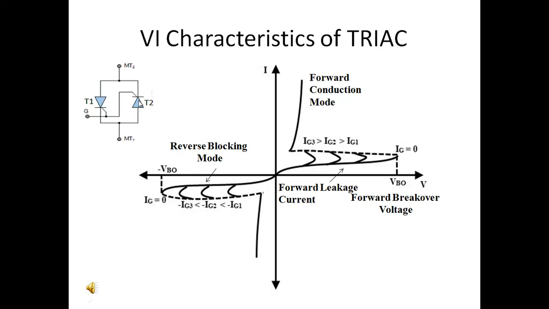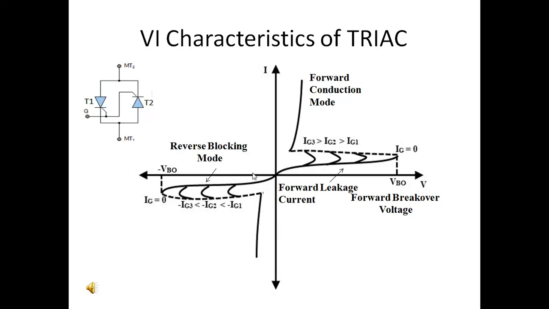Whenever T2 is in forward bias, in the VI characteristics of Triac you can see it in the third quadrant, that is with respect to the reverse bias case. Now here the explanation is the same as that of the first quadrant explanation, where you are seeing a reverse leakage current.